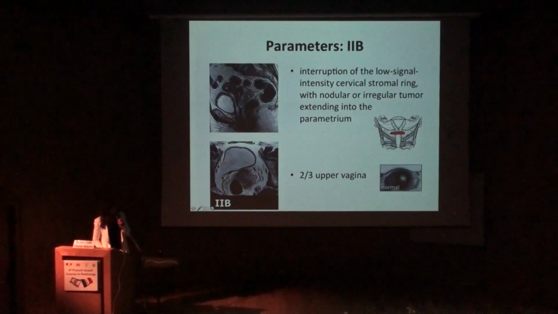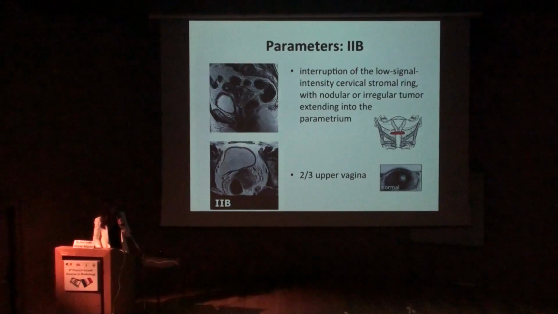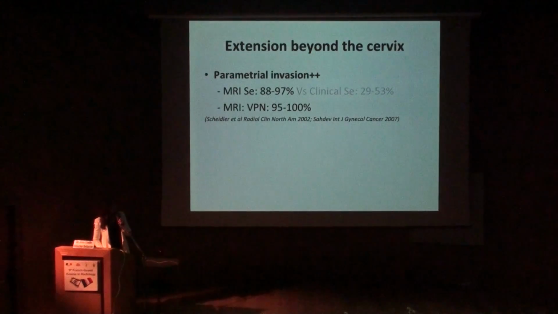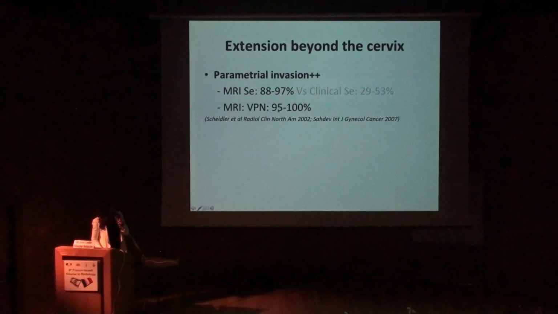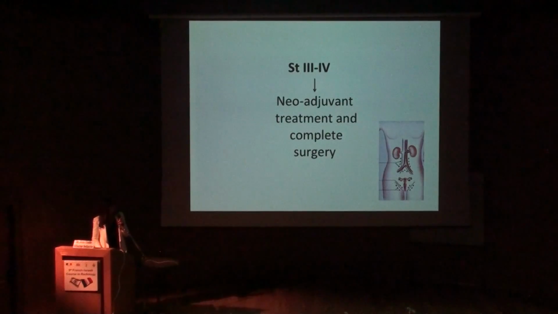If you see the lesion crossing the limit of the ring, it means that there is an extension into the parametrium, and it is a very important element to write in your report. We know that concerning parametrium invasion, MRI has a very good sensitivity and specificity. And it means that the woman will undergo neoadjuvant chemotherapy.